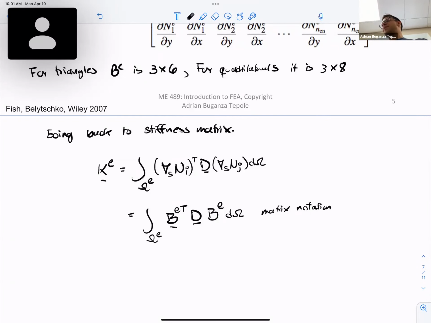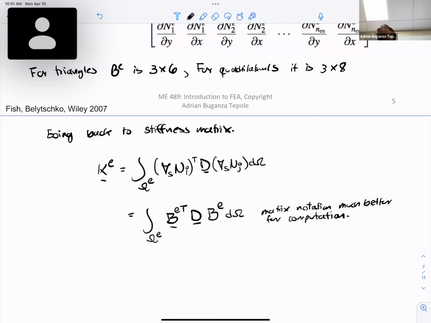For the heat transfer problem, I was actually writing out every single entry of the stiffness matrix.